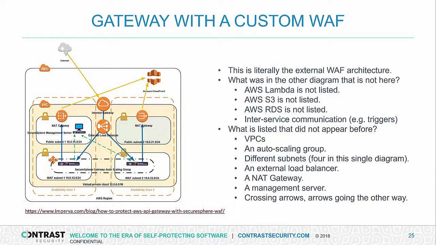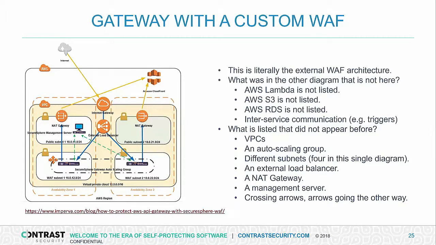So we have a VPC here, a virtual private cloud, and then we have a couple other things like we have an auto scaling group, which auto scaling in the cloud as a measured service means auto scaling on money too. Which is auto scaling your budget, okay. Then we have a couple different subnets. So this one has 4 different subnets in here.